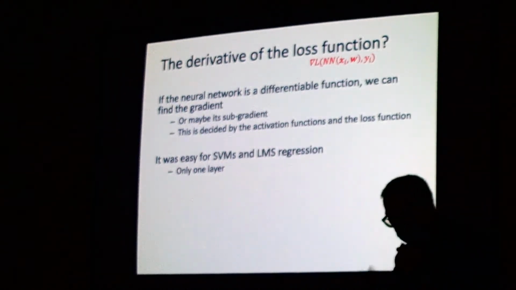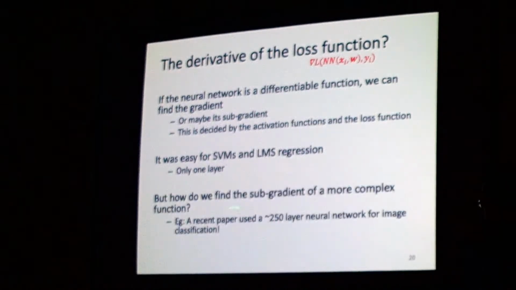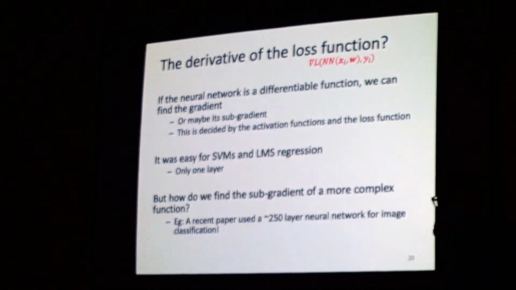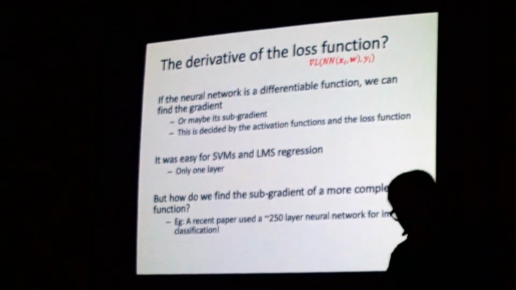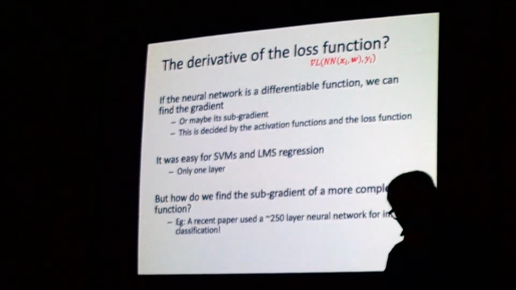And in recent research, like in image classification tasks, they use 250-layer networks. So you can imagine how many parameters it is. So if you just calculate the gradient naively, it will be very, very inefficient.